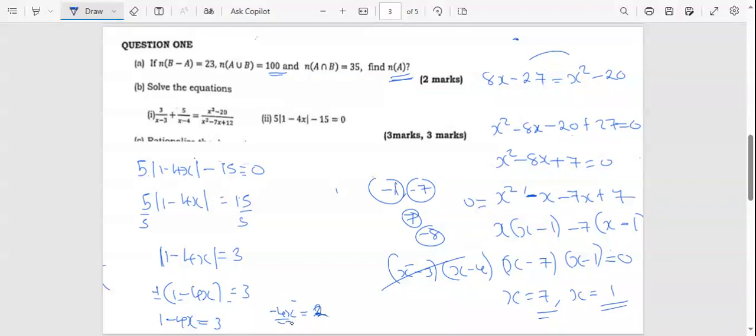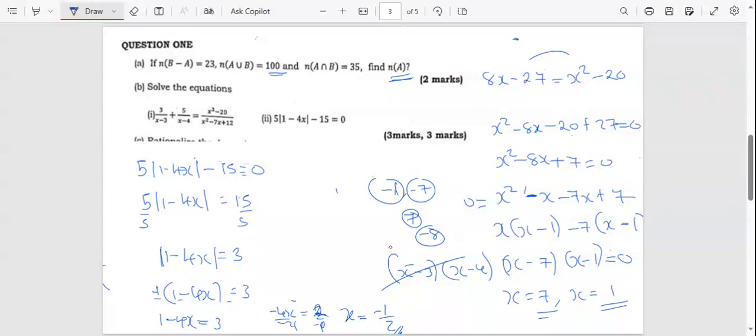Then divide throughout by negative 4. So your answer there will be negative half.